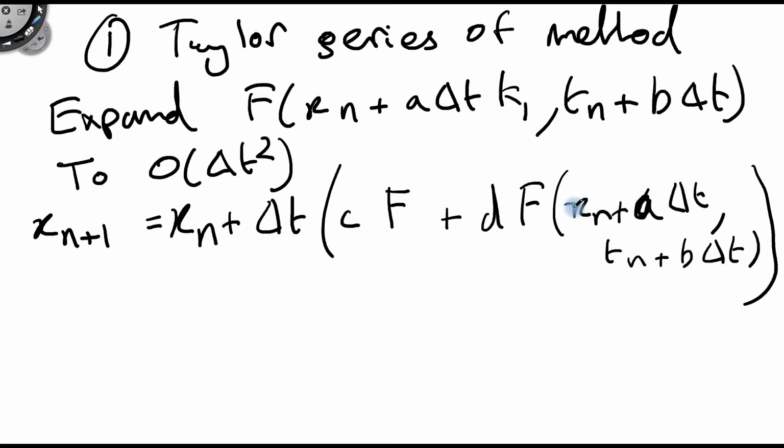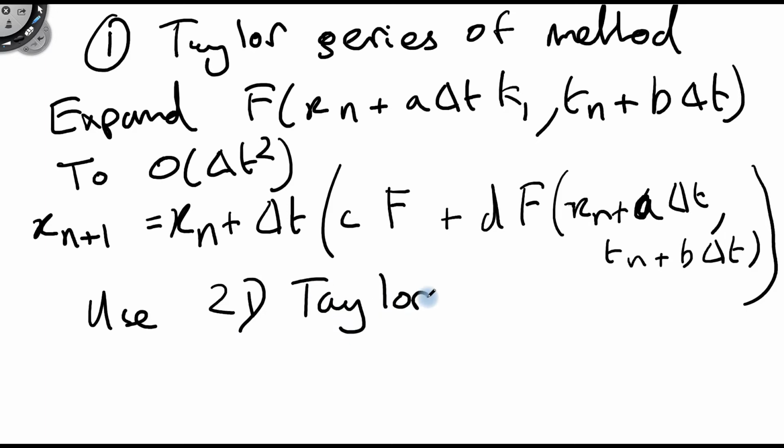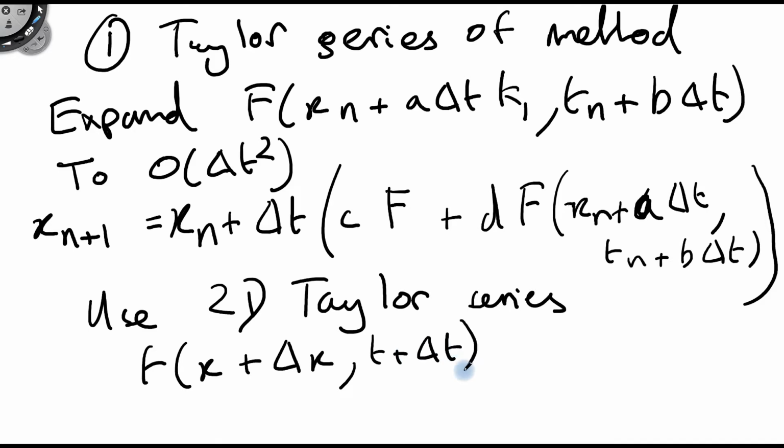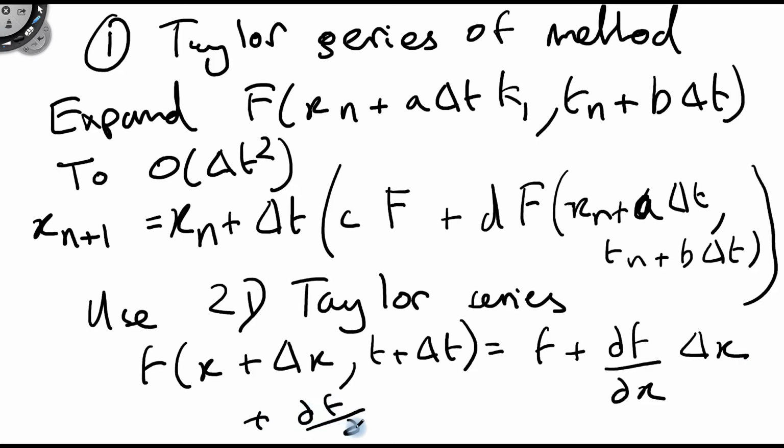We're going to use a second order, a 2D Taylor series, which is very similar to what you did in calculus at the end of last year. So we've been doing 1D so far in our numerics, but now we're going to allow for things to be a function of x and t, and that simply is f plus partial f by dx times delta x plus partial f by dt delta t plus other terms.